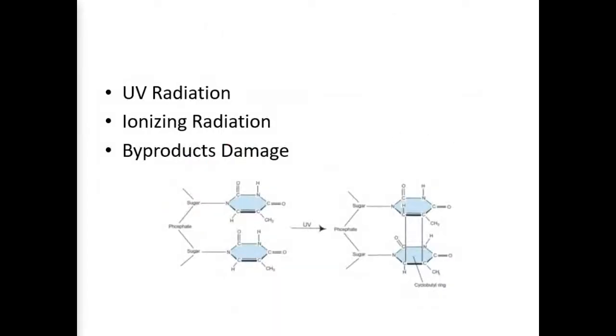And then UV radiation. Basically, UV radiation will cross-link the adjacent pyrimidines on the same DNA strand, so they can form two major lesions.